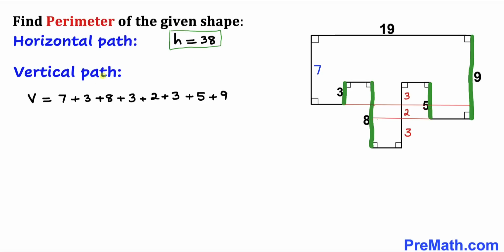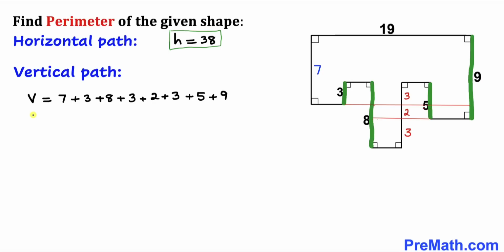Here you can see this 7 is accounted for this one, 3 is right here, 8 is right here, all these 3, 2, 3 are right up here. Finally, this is 5 and 9 over here as well.